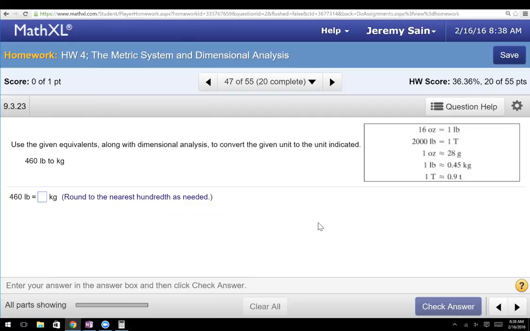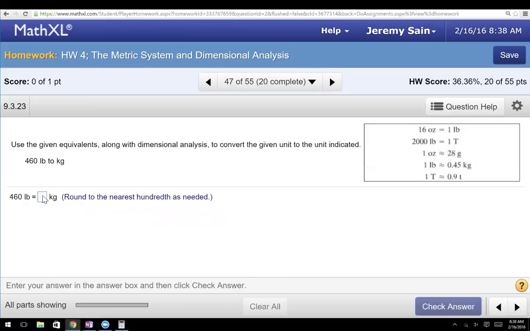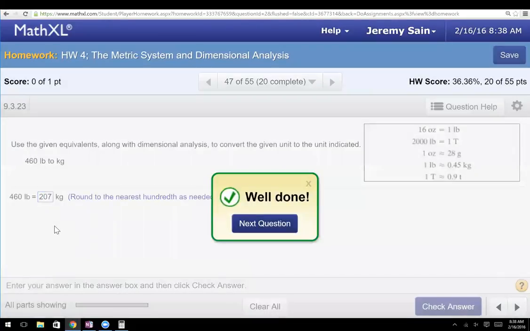This is 1 pound is 0.45 kilograms. So basically just multiply the 460 times 0.45. Yep. 460 times 0.45 is 207. And again, if you weren't sure about multiply or divide, you can always say, hey, the pound number is bigger than the kilogram number. Sure enough, in the problem, the pound number is bigger than the kilogram number. So must have got it right.